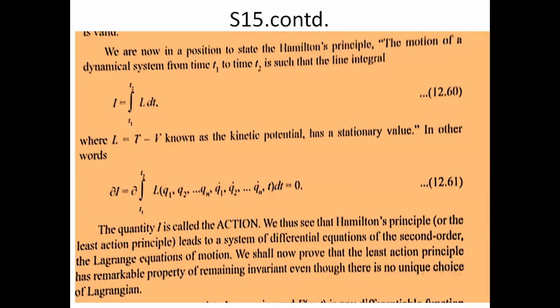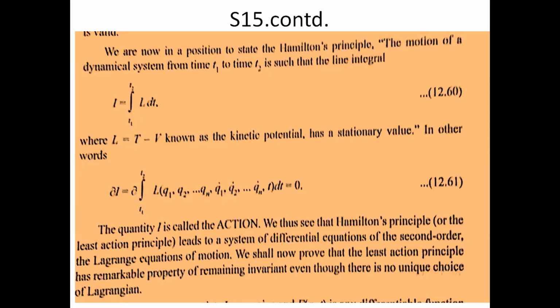I have summarized Hamilton's principle. Motion of a dynamical system from time t1 to t2 will take place in such a fashion that the integral of the Lagrangian in time, from t1 to t2, will always have a stationary value.